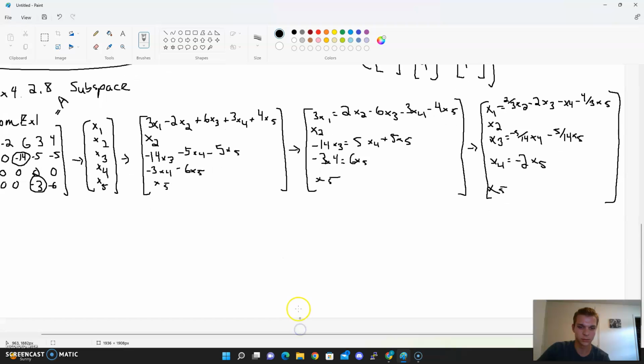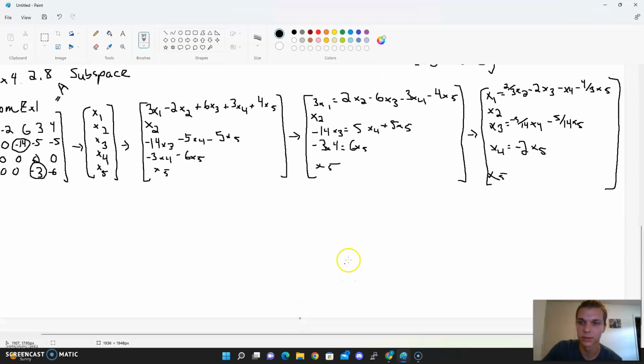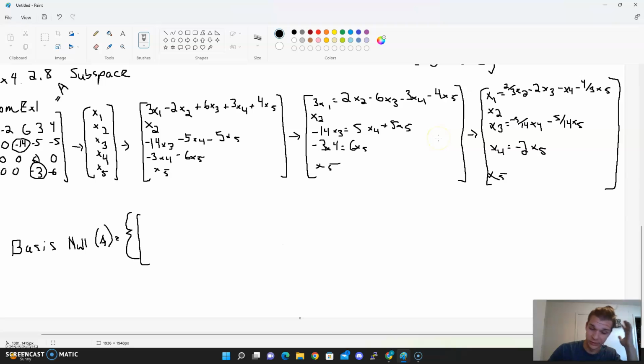We're going to continue this. So we write the basis of the null space of A equals, and after this equals, we'll do this little thing. Now we take all the free variables. The free variables are x2 and x5.